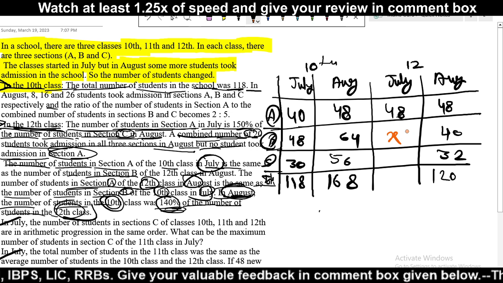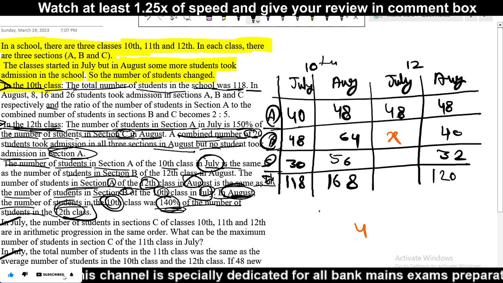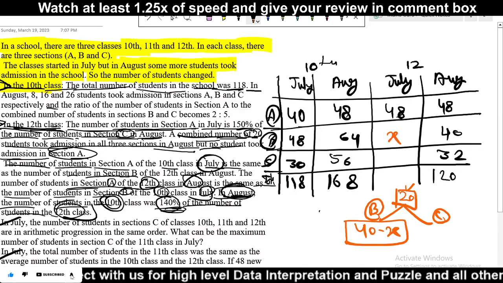That same thing I am doing, I will subtract x from 40. Now just recall the number 20. Here we know that 20 is given to us combinedly for B and C. B we already calculated from this part, 40 minus x.